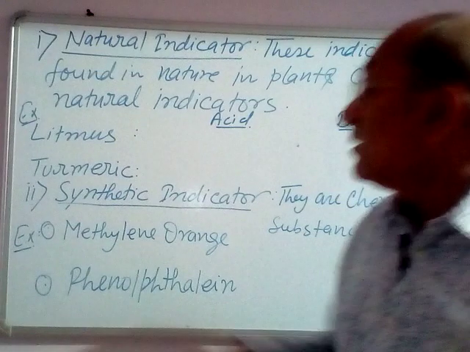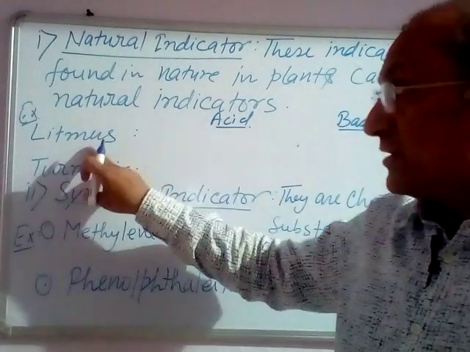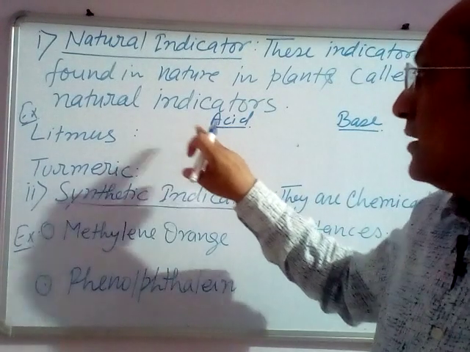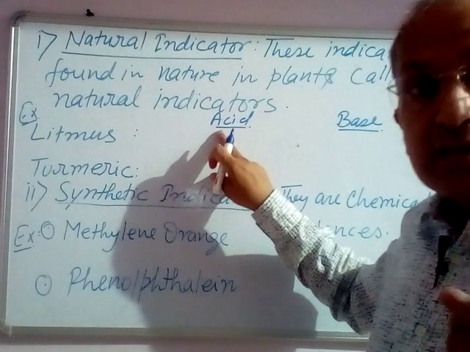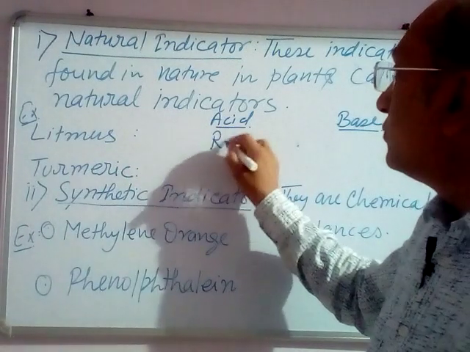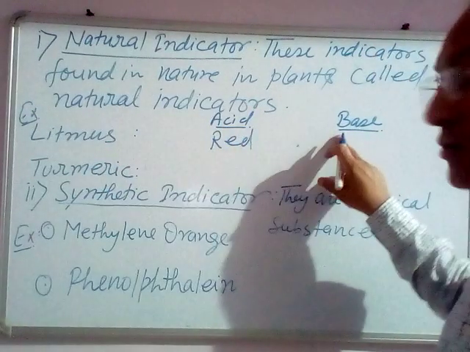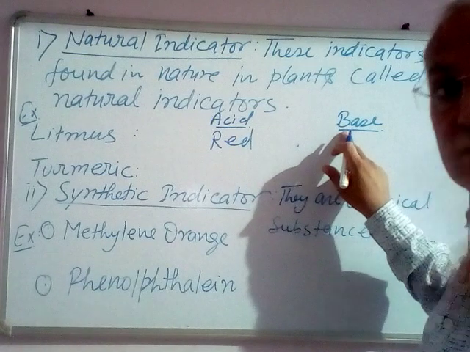So litmus paper is used to test for acid. Here blue litmus paper, when in contact with acid, turns red, and red litmus paper, when it comes into contact with a base, turns blue.